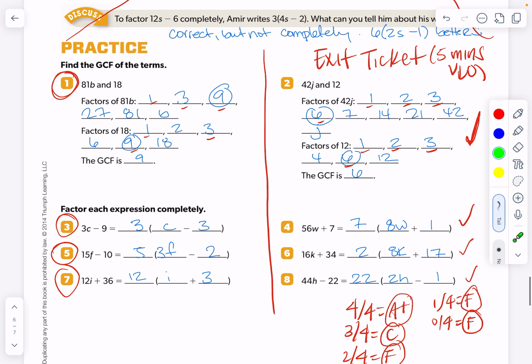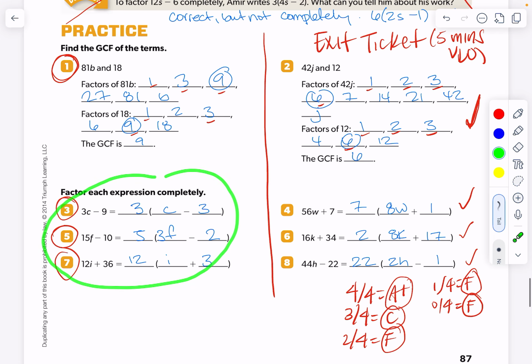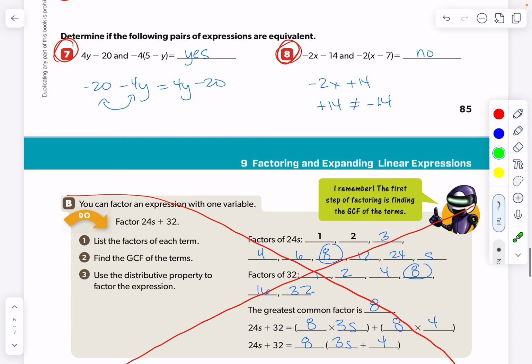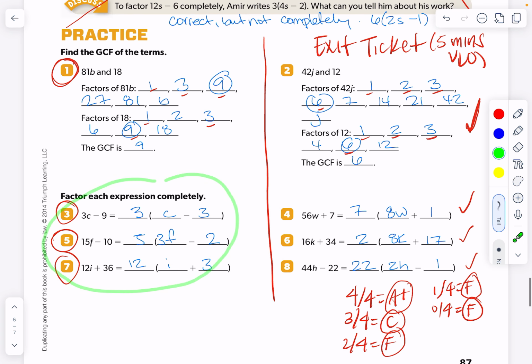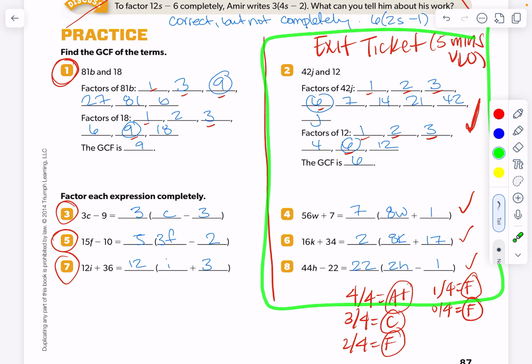Then they'll do some work around greatest common factor and factoring. Still for the 8 minutes. It shouldn't take that much time. And then jumping into 5 minutes of their exit ticket for a total of 4 points.